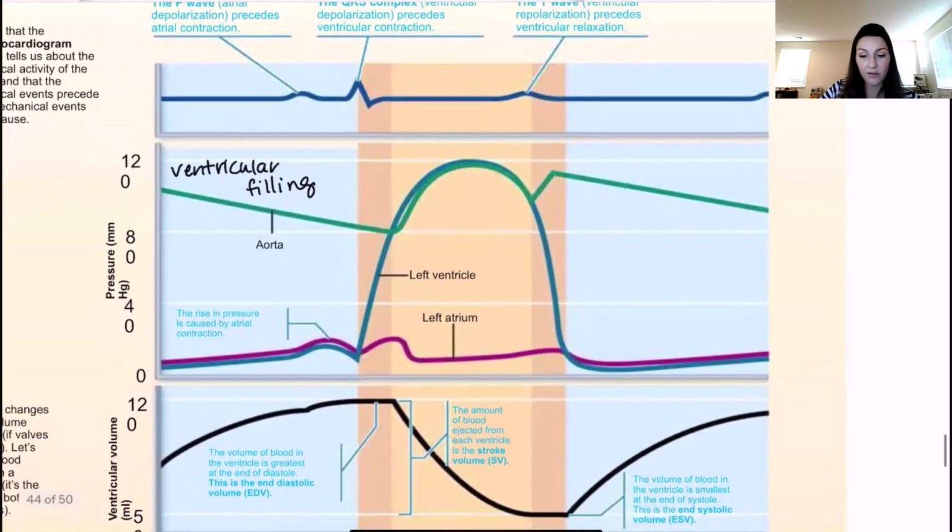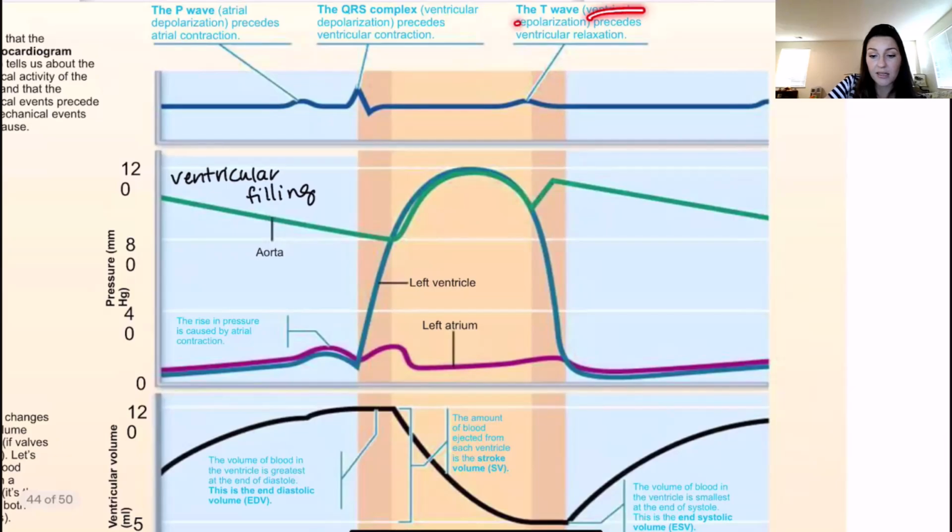The T wave is when the cells of the myocardium in the ventricles repolarize. Electrical events lead to mechanical events. A very, very brief delay, and then we get that relaxation step of the ventricles. So the ventricles go, everything is good in life. We can relax for a hot second.